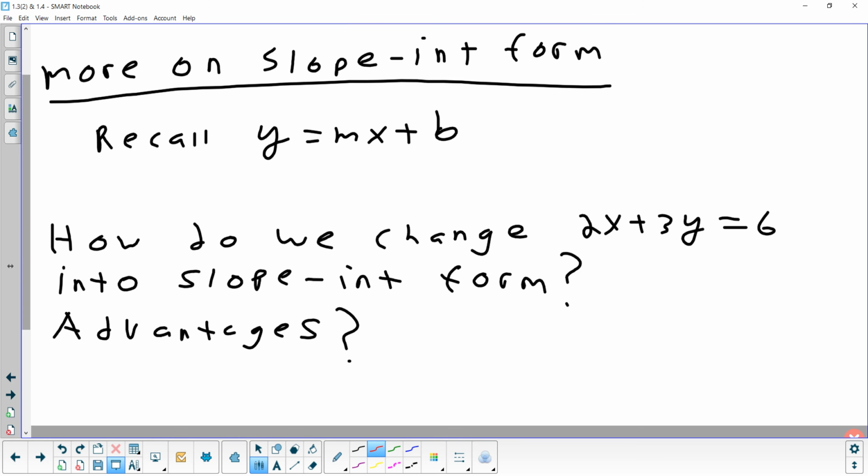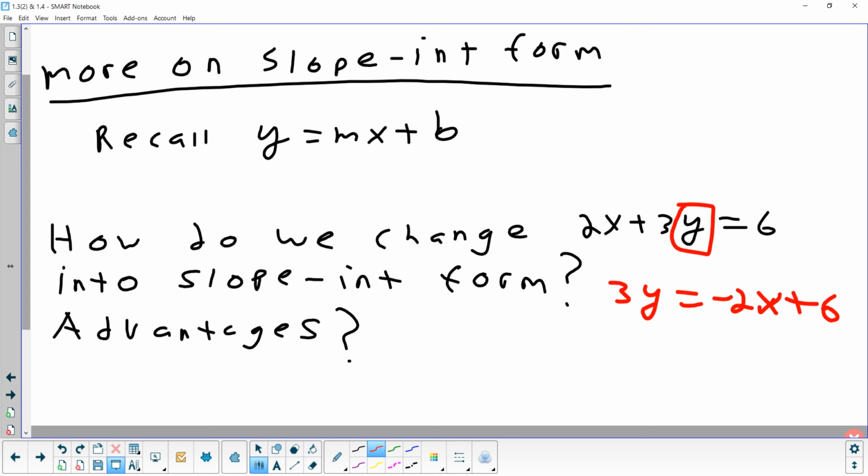What would be your first step here to get that by itself? Yeah. Subtract 2x from both sides. Good. Subtract 2x from both sides. And that would leave you with 3y equals negative 2x plus 6.